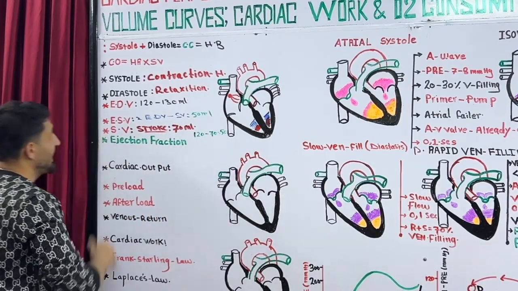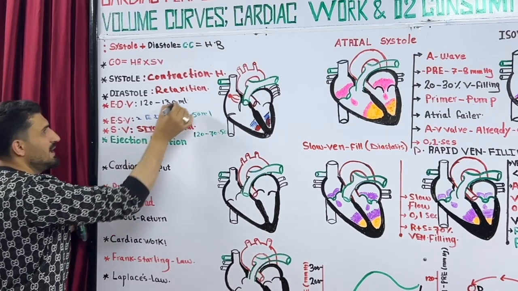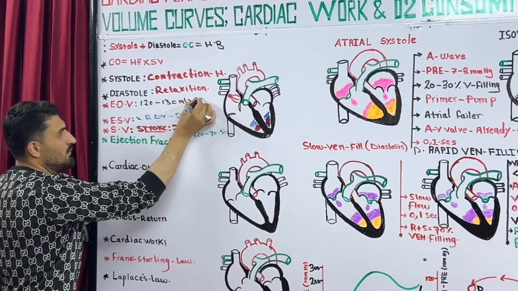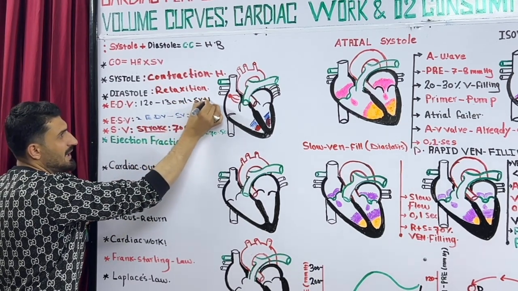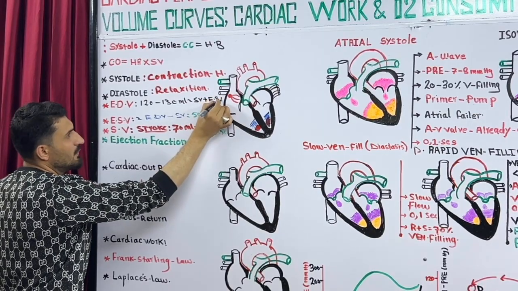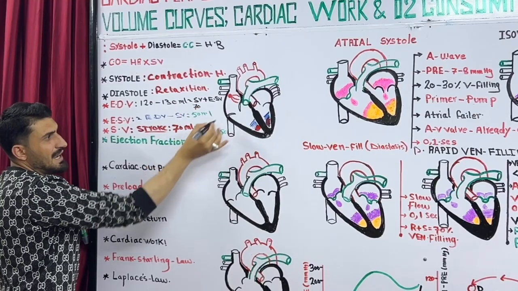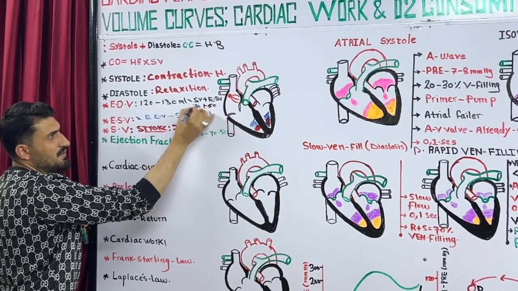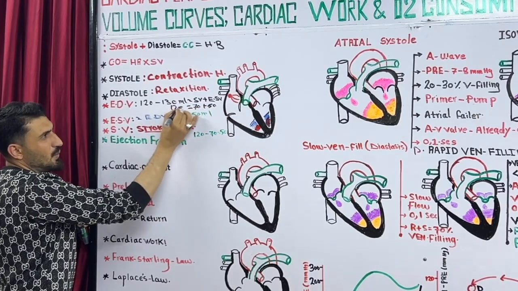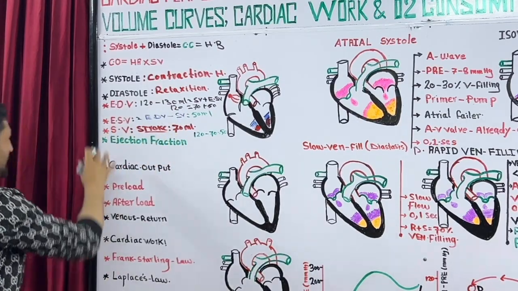But how can we find end diastolic volume? It's so easy. It's equal to stroke volume plus end systolic volume. For example, stroke volume is 70 and end systolic volume is 50. So this is equal to 120. Got it? So these were these values.